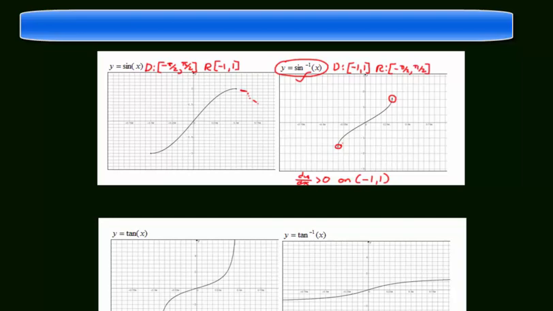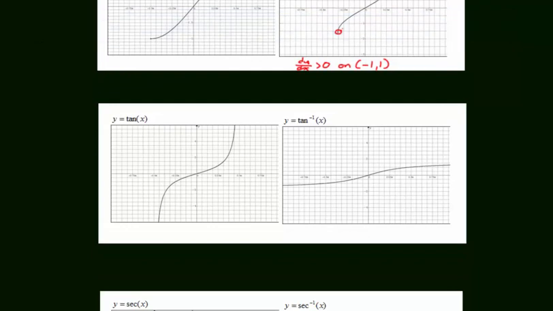Now let's take a look at the one below. The domain needs to be restricted to -pi over 2 to pi over 2, not including, with corresponding range of all reals. When that is done, the inverse is also a function and looks like what we have here. And the domain and ranges are reversed.